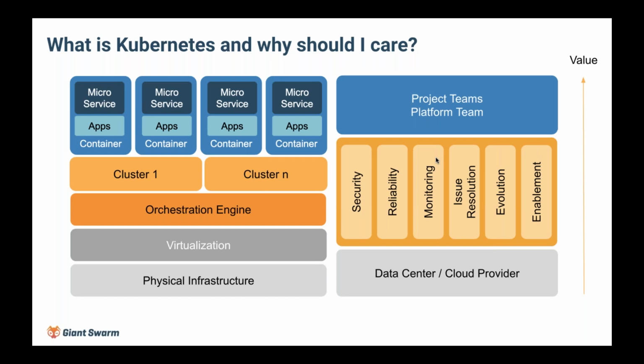So to be able to run your microservices independently from the underlying infrastructure, you need an environment where you can install these microservices without the need for installing, taking care of operating systems and networking and other aspects, and that's what containers do.